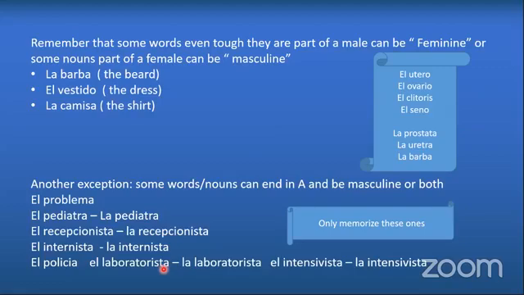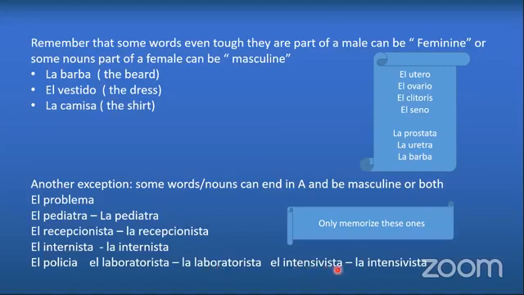So if we go to the lab technician, he is going to tell us, hola, buenos días, yo soy Jonathan, yo soy el laboratorista. Or we can hear, hola, buenos días, yo soy Amanda, yo soy la laboratorista. Let's see the next example.